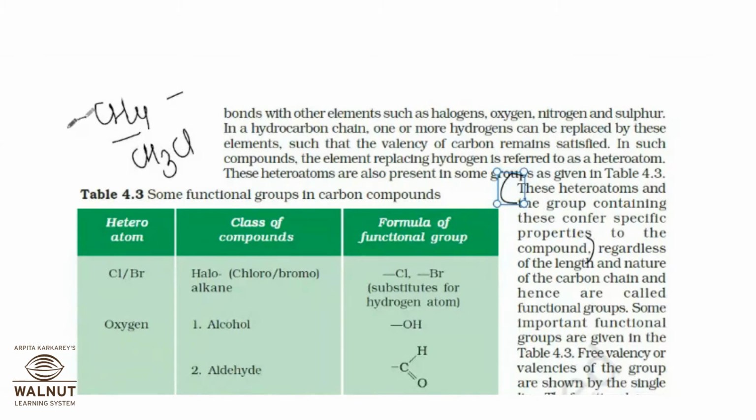Are these two the same in terms of reactivity, chemical property, and physical property, such as boiling point and melting point? No, they are not the same. So they are telling you that whenever you replace a hydrogen atom with a heteroatom, it is going to change its chemical property, physical property, etc.